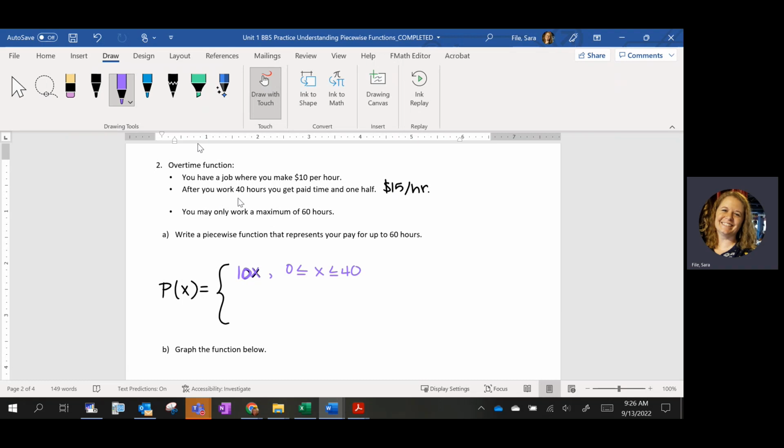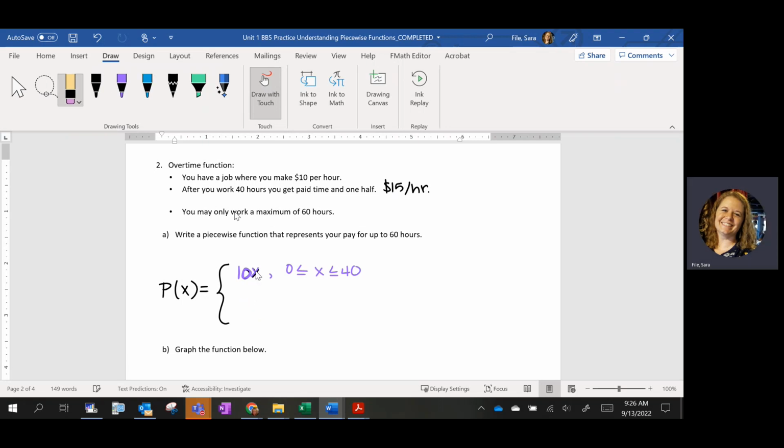After you work 40 hours, so this is going to be when x is greater than 40, we're going to be at the 15 per hour. Now this one can be a little confusing because you can't just say, oh, this is it, right? Because you don't make $15 an hour for the entire time.